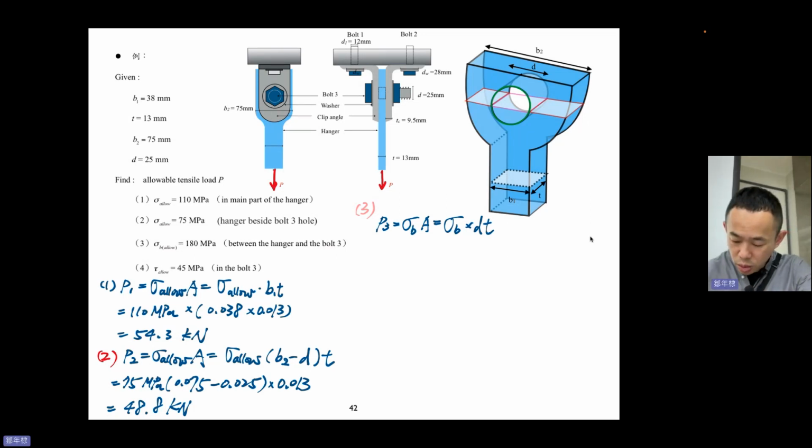So 180 MPa times 0.025 times 0.013 equals 58.5 kN.